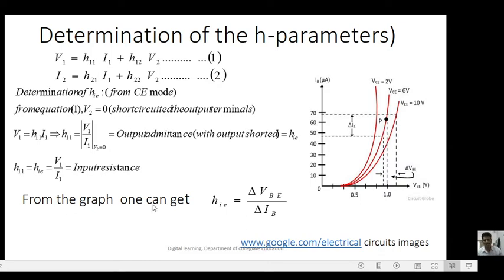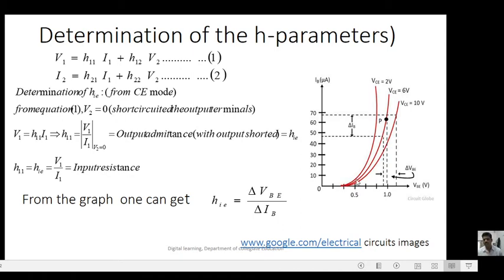From the graph one can get HIE equal to delta VBE, the change in base emitter voltage, to the change in base current. At this point, this is the threshold voltage or knee voltage.